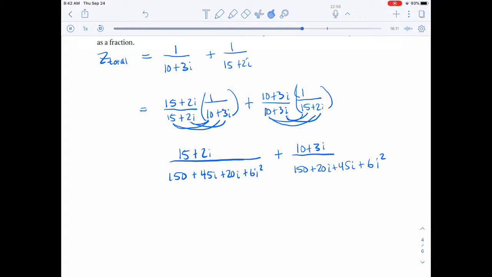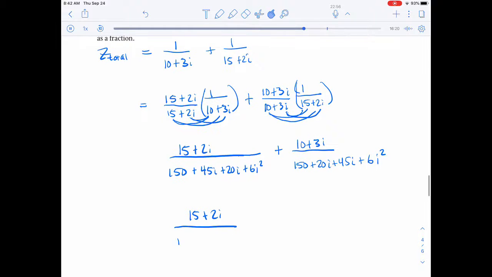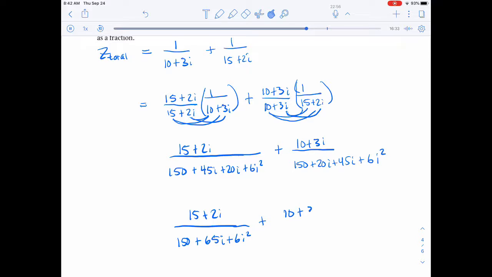So let's simplify this by combining our like terms in our denominator. So we have 15 plus 2i over 150 plus 65i plus 6i squared. Adding that to our second value of 10 plus 3i, simplifying our denominator, we have 150 plus 65i plus 6i squared.